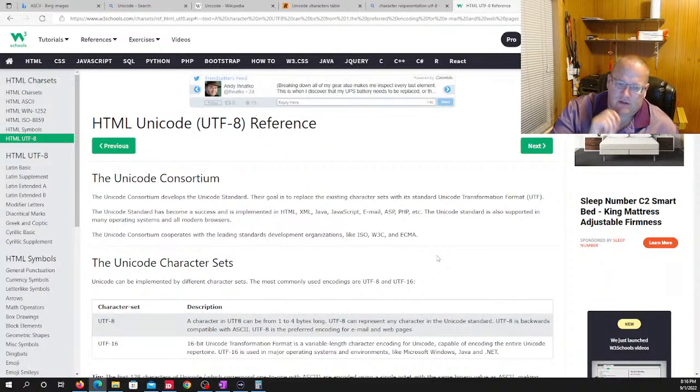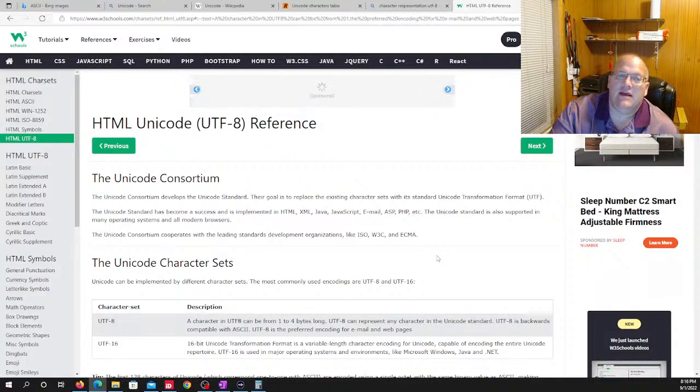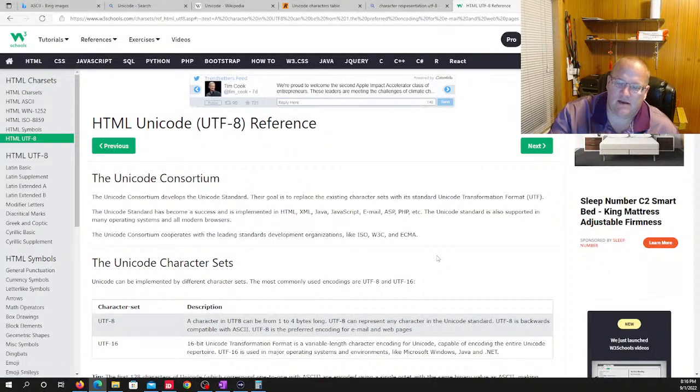And then if a certain bit is flipped or a certain character is displayed in that first slot, then it says, aha, this is different.